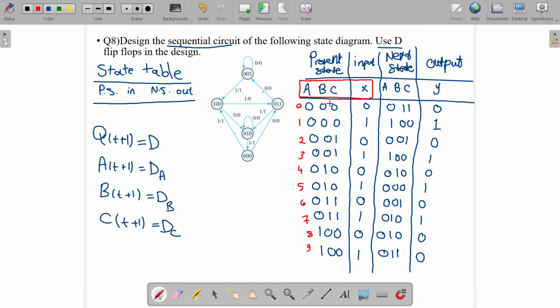You can see that using these 4 variables, we can produce A(t+1), B(t+1), C(t+1), and also Y. From 0 up to 9, we use all of these, and for the rest, we use the don't care for producing the Karnaugh map. Now, I will create the Karnaugh map for A, B, C, and Y.